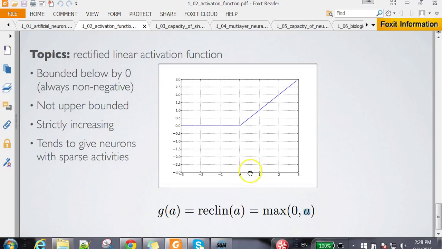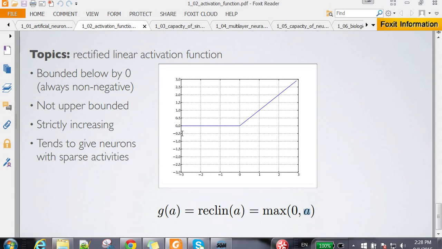As soon as A starts to become positive, for example, here A is 1, which is bigger, 1 or 0? 1 is bigger, so the output is the larger of the two, so the output is 1. So we get this shape. So we can use the max function. It's also called the rectilinear function. In our case, we're using it as an activation function, so we'll call it the rectilinear activation function. This one is bounded from below by 0.